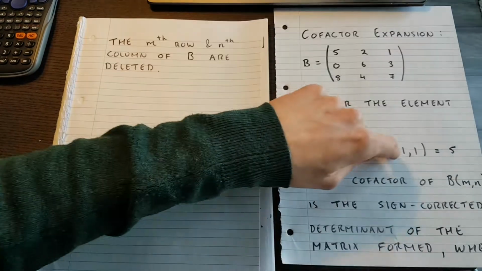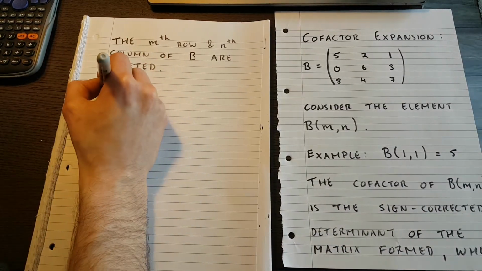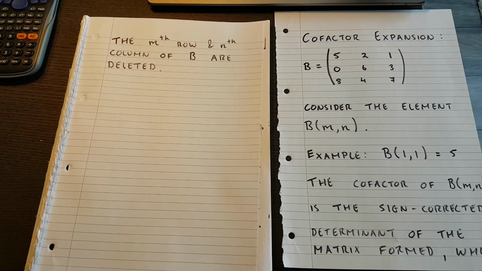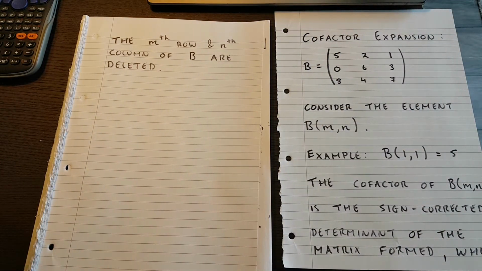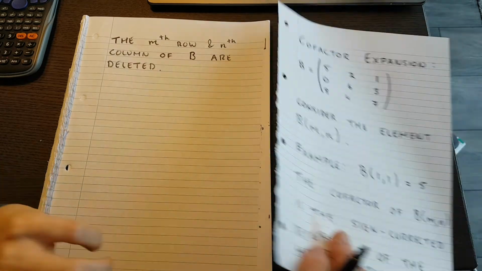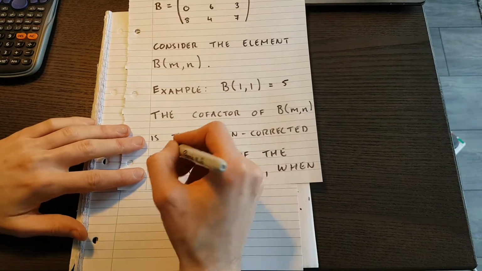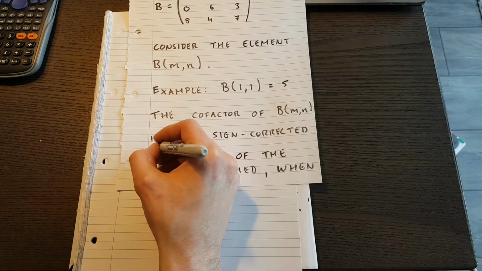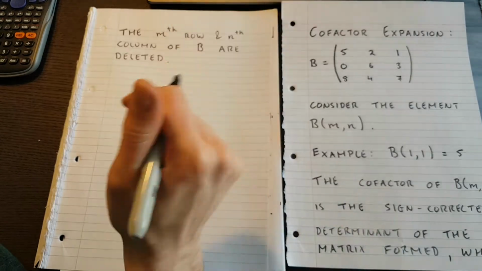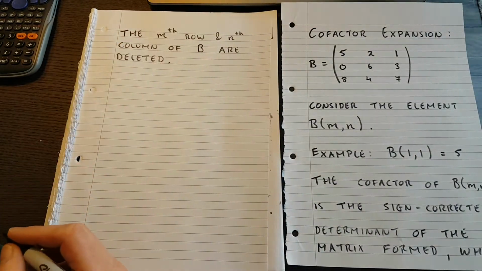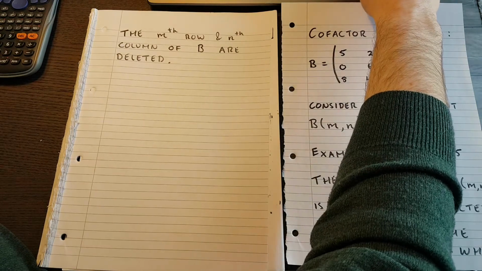Okay, so let's consider that B11 again. We had the entry 5. I want to find the minor, the cofactor here.